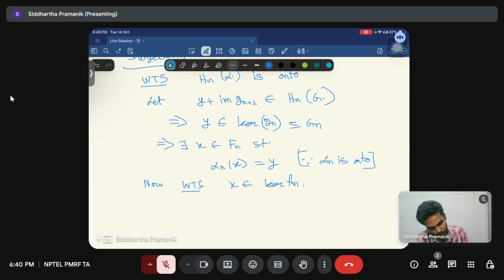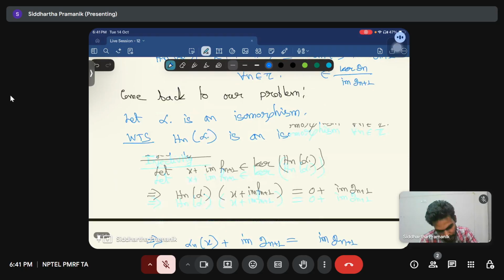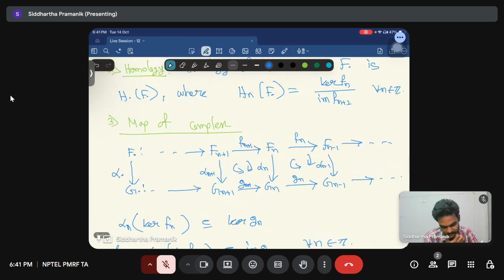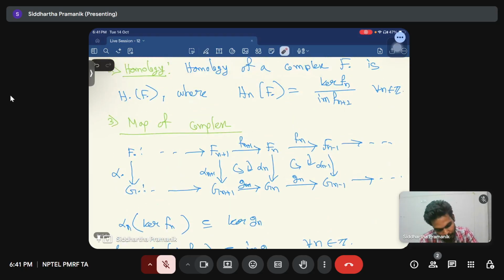Now g_n of y equals 0. That implies g_n of alpha_n of x equals 0. So let's look at the diagram. g_n composed with alpha_n is 0. So alpha_{n-1} f_n is 0.